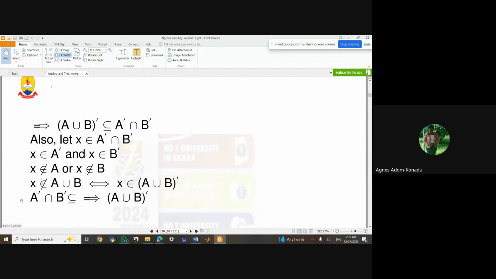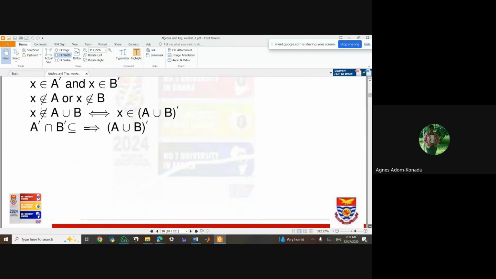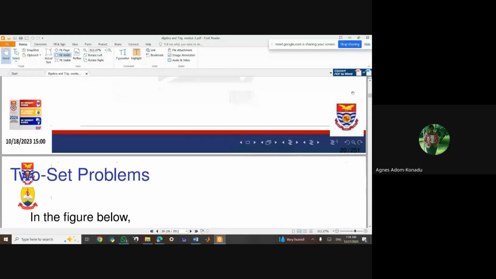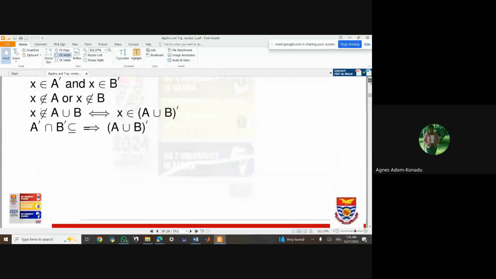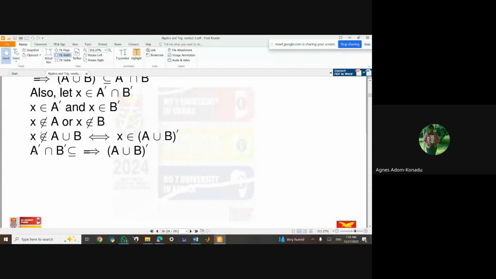And with that, we've been able to prove that A complement intersection B complement is contained in A union B complement. So we conclude that A complement intersection B complement is equal to A union B complement. Please, the concluding part didn't come.